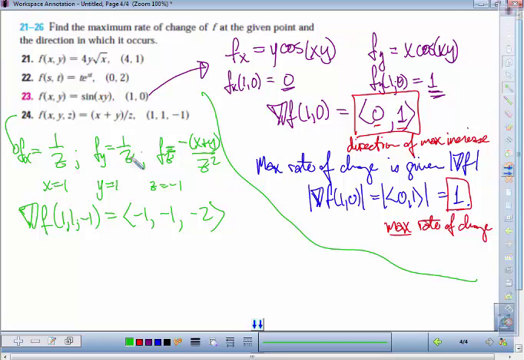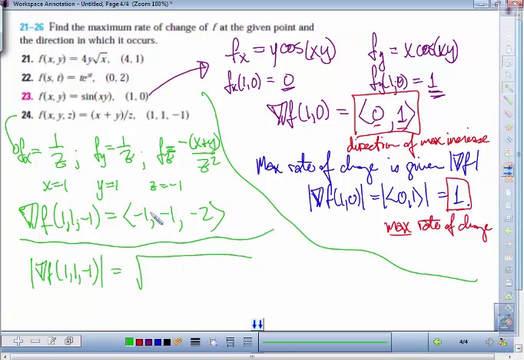Okay, so by the way, if that wasn't clear, leave a little space in your notes and then actually take derivatives carefully. Okay, so this is the direction of maximum increase, and to actually find the maximum increase itself, you take the magnitude. So this is just a square root of 1 plus 1 plus 4, 6.